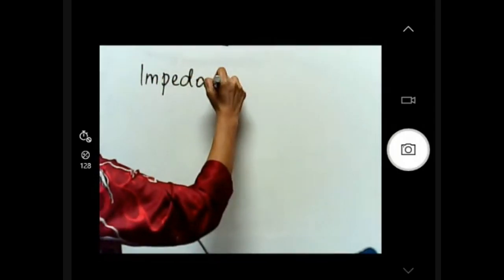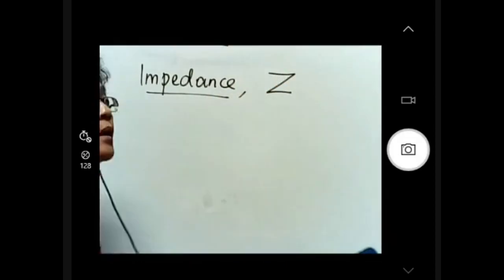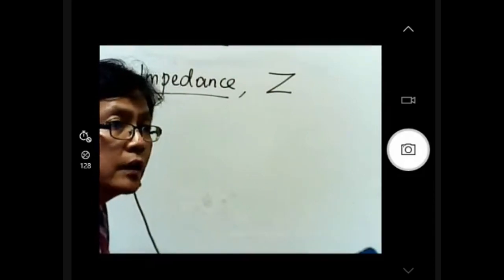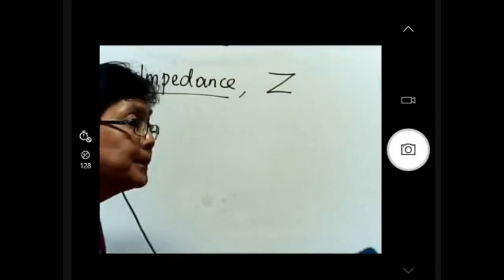So now we are going to take a look at impedance. So impedance, the symbol is capital Z. So the meaning of impedance is the opposition to the flow of alternating current due to a resistor, an inductor, or a capacitor, right?